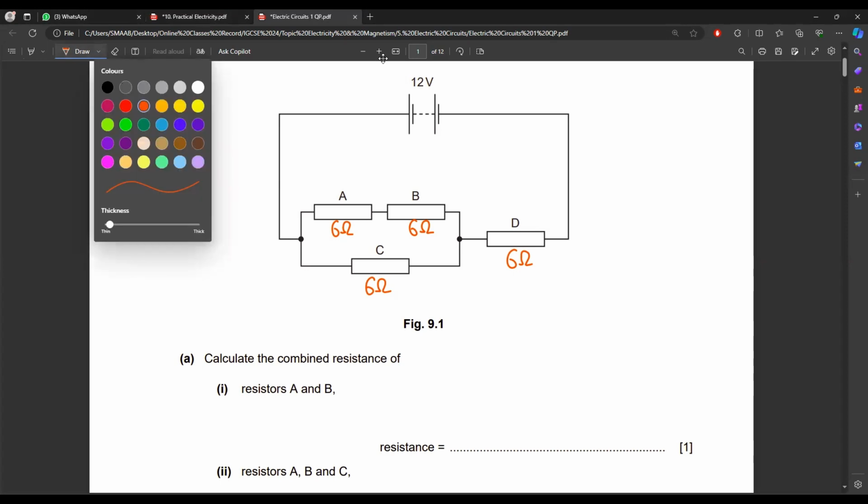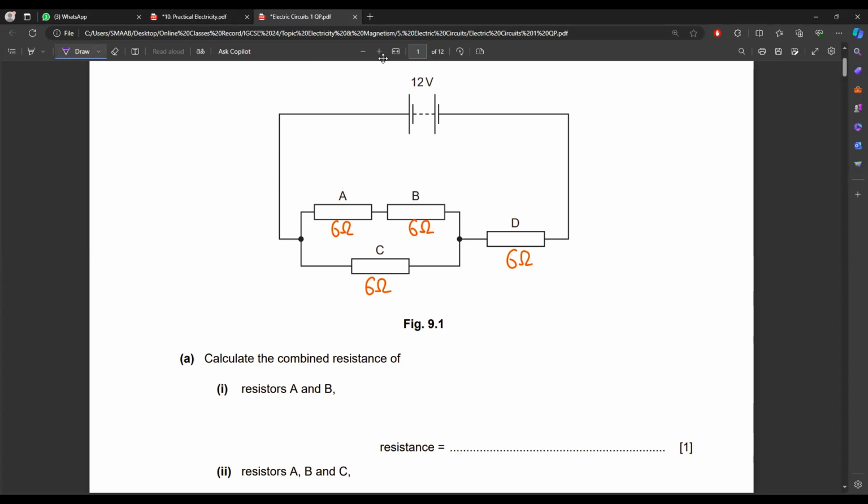So if we join these two resistors, these two are connected in series combination. So you have to apply the formula of series combination. So it will become a single resistance, 6 plus 6, of 12 ohm.